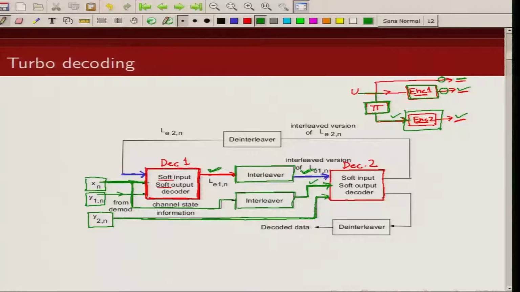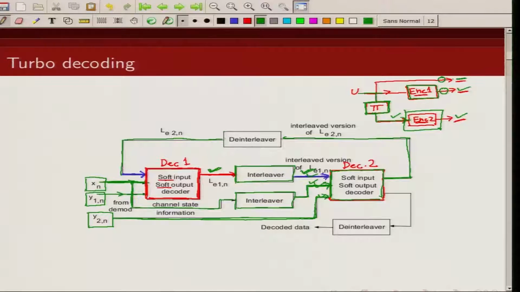Similarly, what does this decoder 2 do? It takes these two channel values and the a priori information which it has received from decoder 1, then tries to decode this code, and forms some estimate, some extrinsic information, and that information is fed back to the first decoder.